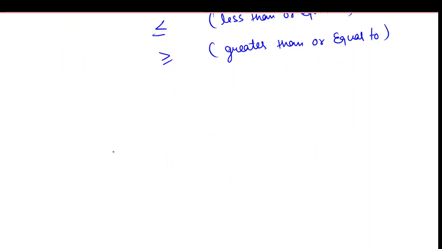For example, 30x is less than 200. So this is a type of inequality.